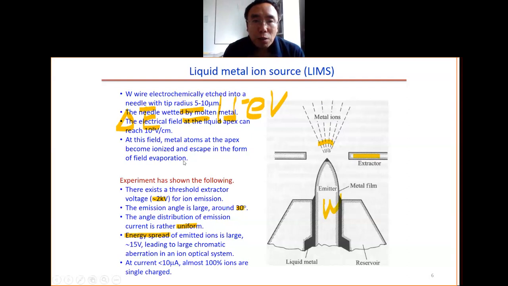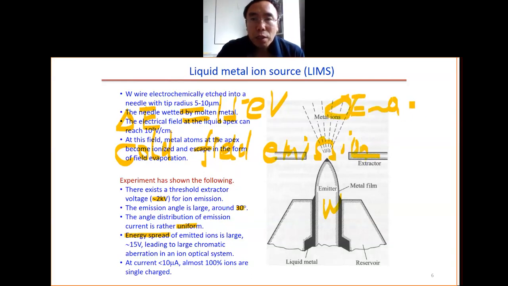For the case of electrons, for cold field emission, if we remember, the delta E is about 0.3 electron volt. So for the cold field emission source, the total energy is like 30 kilo electron volts and the energy spread is only 0.3.